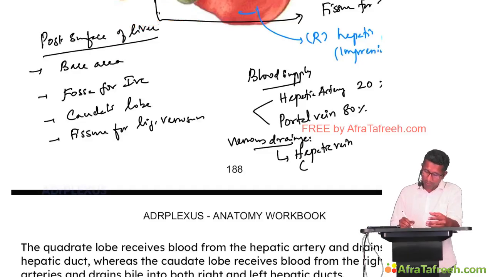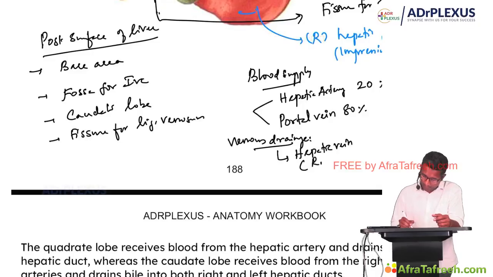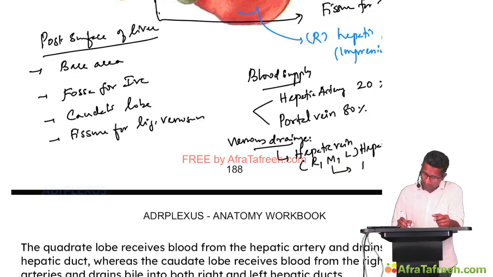Usually the upper ones are divided into superior, middle and inferior, so you can write it like this: right, middle and left hepatic veins. These are all the hepatic veins which are seen, and these hepatic veins drain the liver into the IVC.